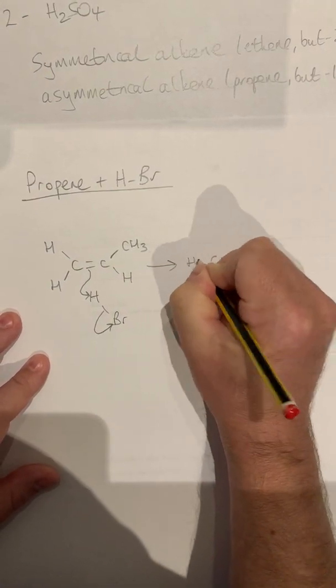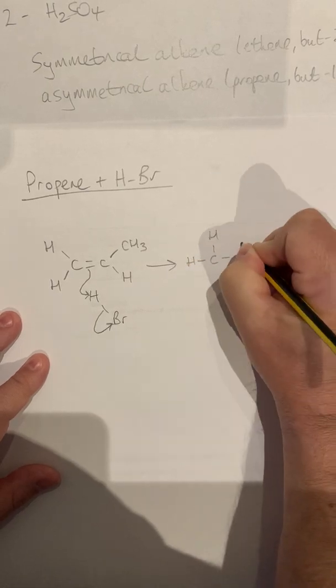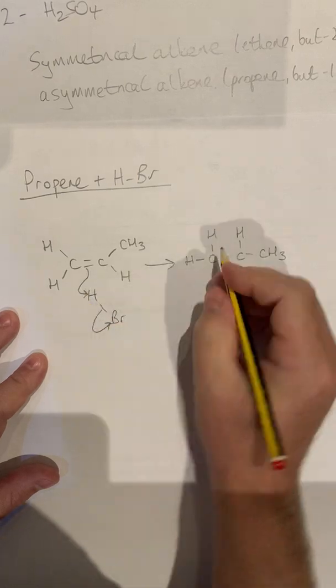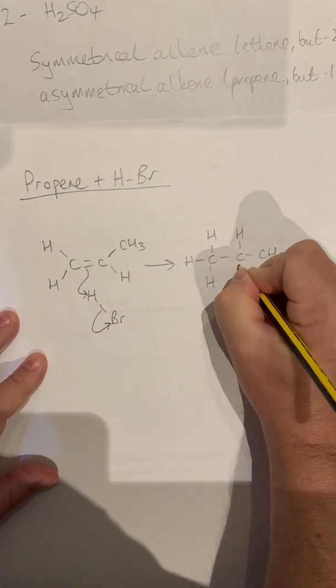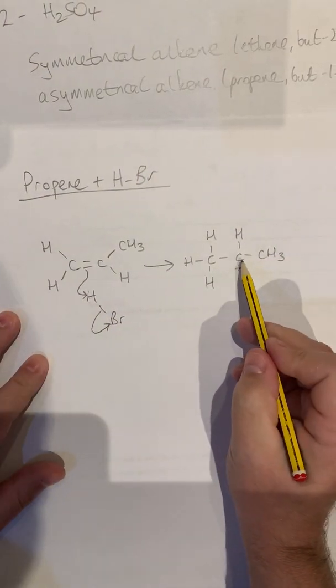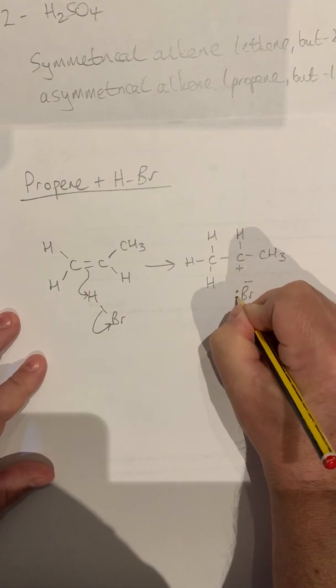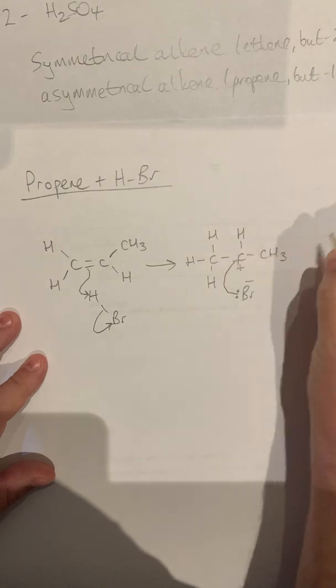So let's just draw it out, breaking the double bond. So I'm going to put that one on that. That becomes the plus. The plus is on the second carbon. And the Br minus comes in and attacks that.